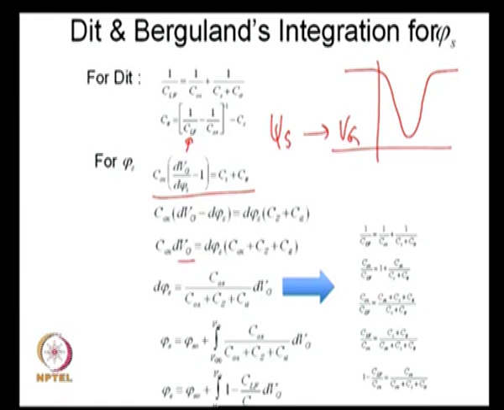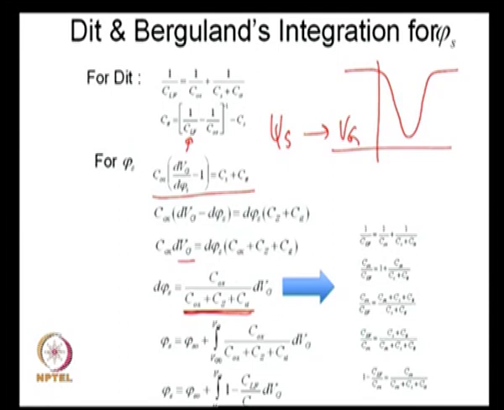Now first of all, if I can express this part as a measured low frequency capacitance, then I can integrate this whole thing. psi s would be psi s0 plus the integration from Vg0 to Vg of Cox divided by Cox plus Cs plus Cit dVg.